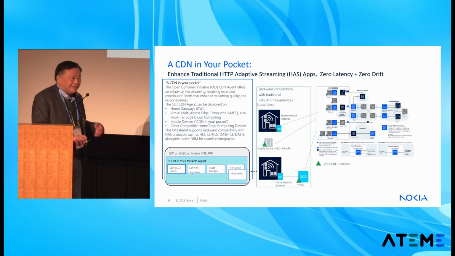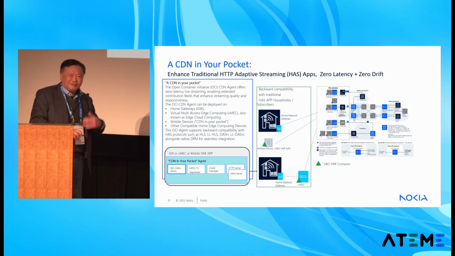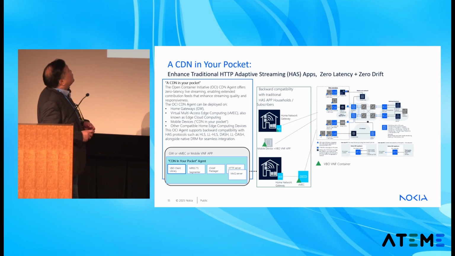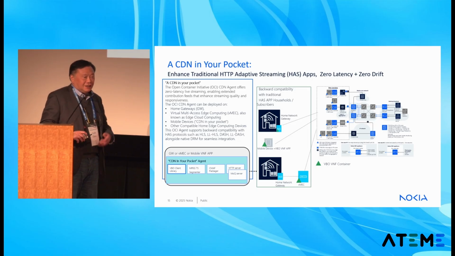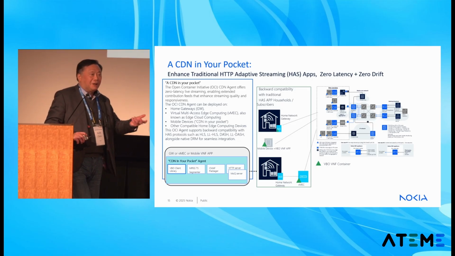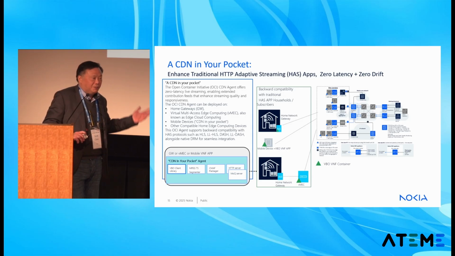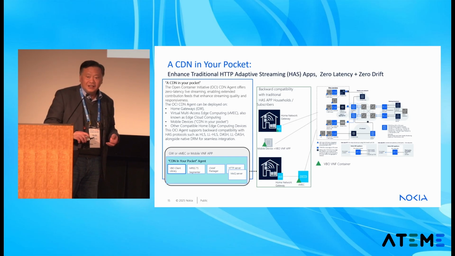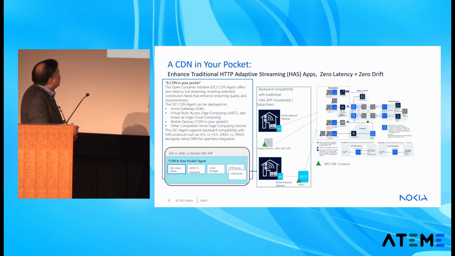I don't like it because we can offend a lot of TCP people in here. So we call it CDN in your pocket, because we can put it into your mobile phone, and then walk around with HTTP browser streaming. We will provide the client library as a container, and then someone will provide the rest of it.